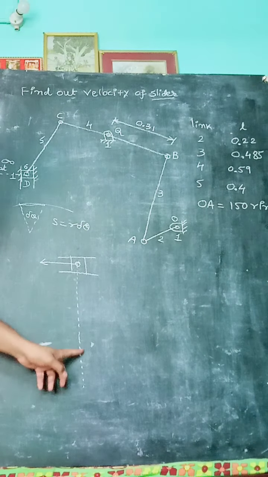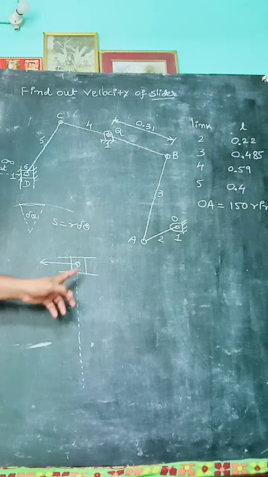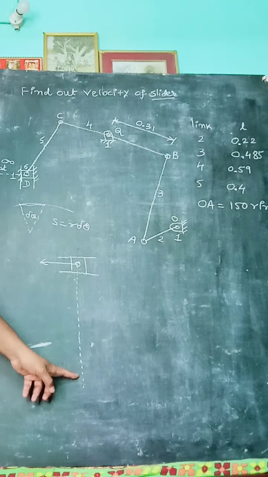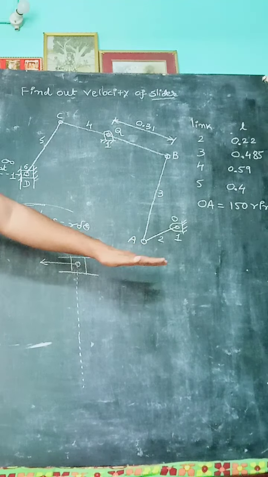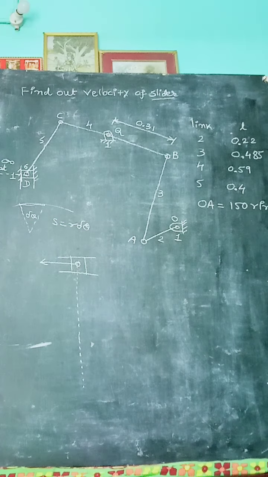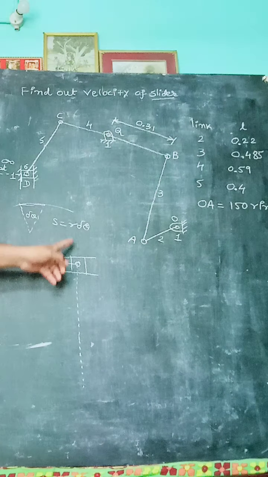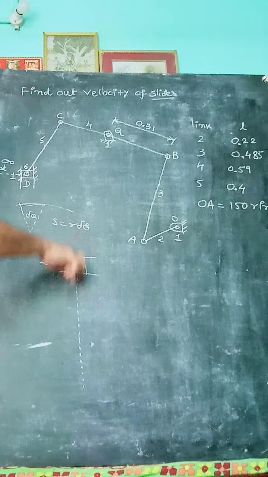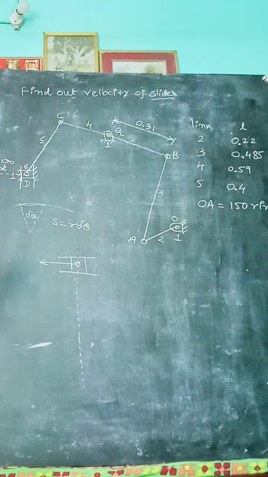So in case of a slider, its instantaneous center is always perpendicular to its path. Velocity is parallel to its path, but the instantaneous center is perpendicular to its path and at infinite distance, either downward or upward.